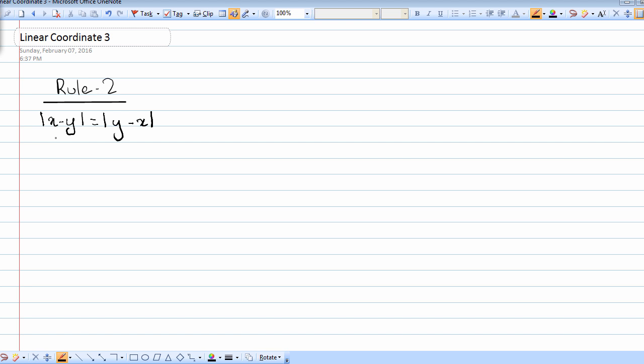Previously, in rule 1, we have seen how we can work with one single variable and what we can determine after that variable has been evaluated according to the steps.